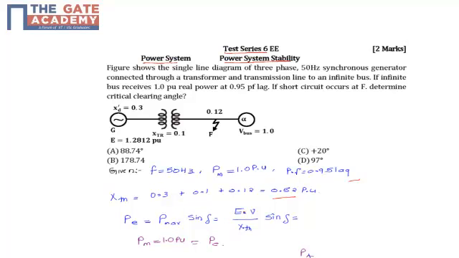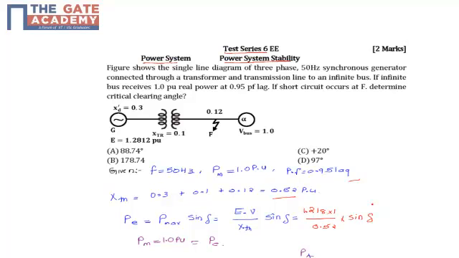The value of E is 1.2812 and V is 1, so Pmax is 1.2812 into 1 by 0.52, times sin delta.